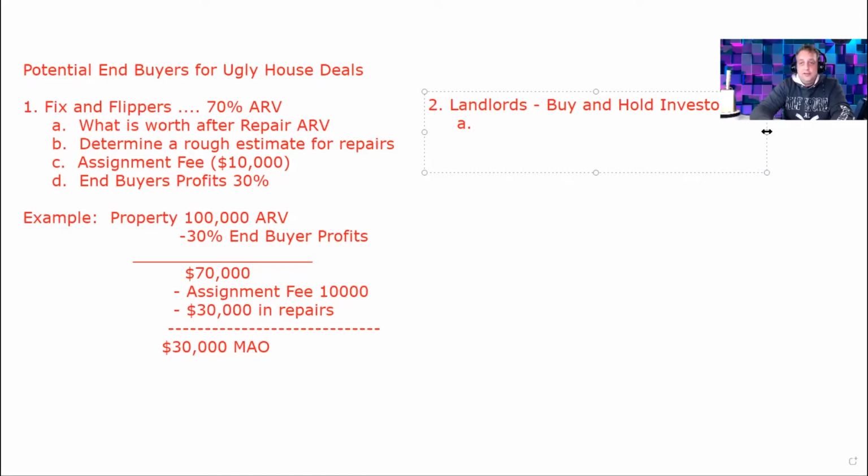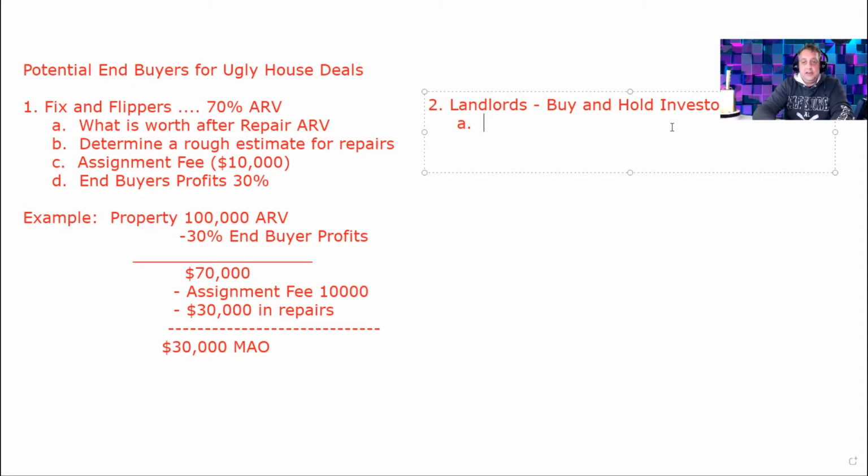First of all, the difference that is most prevalent is fix and flippers are buying the properties to fix them and then sell them very quickly for a high profit, whereas a landlord is looking to buy a property and then hold on to it for monthly cash flow. So while fix and flippers will pay 70% of ARV, landlords are known to pay up to 90% of ARV.